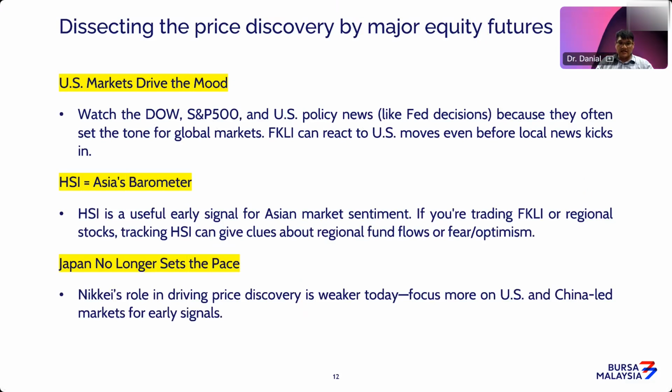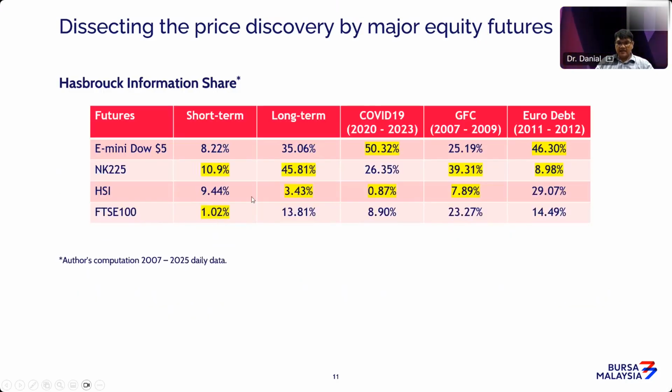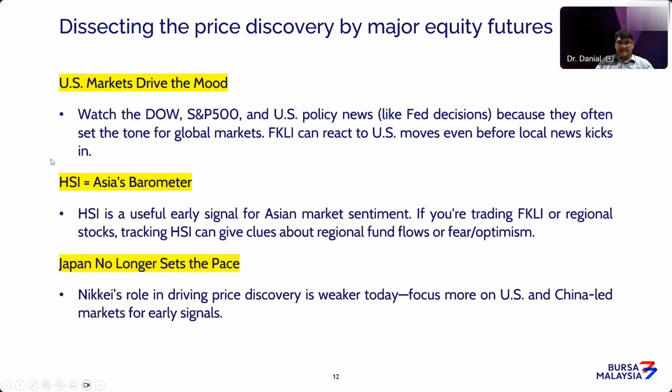That is number one. Number two, Hang Seng Index, HSI. Basically, it's Asia's barometer and very useful as an early signal. If it were up to me, I would say it's better to refer to Nikkei and also HSI.